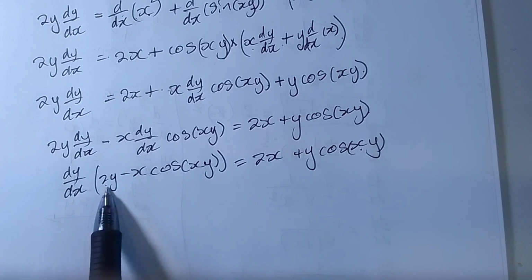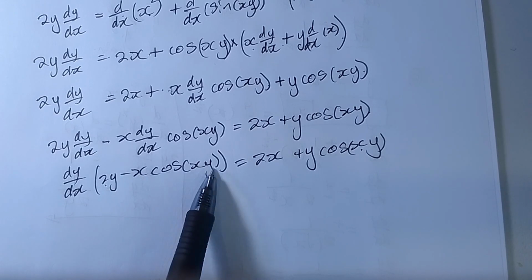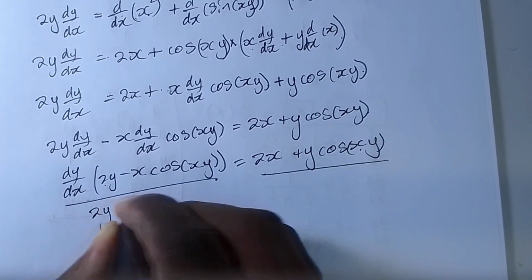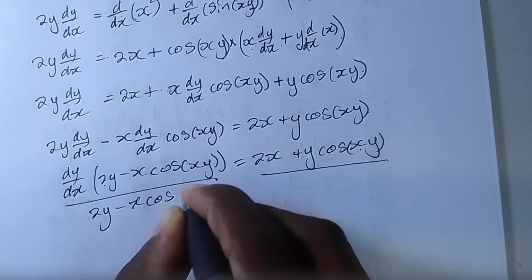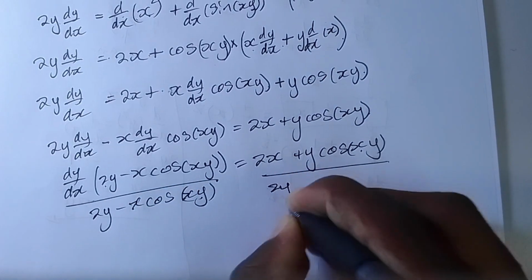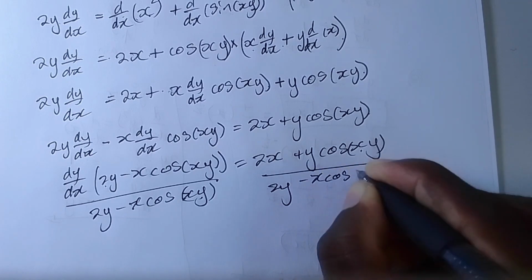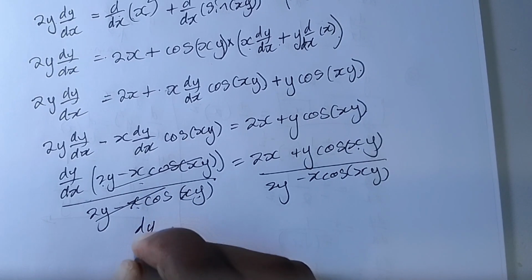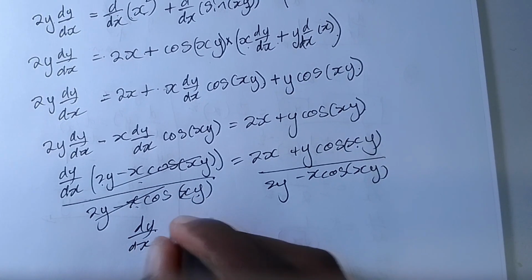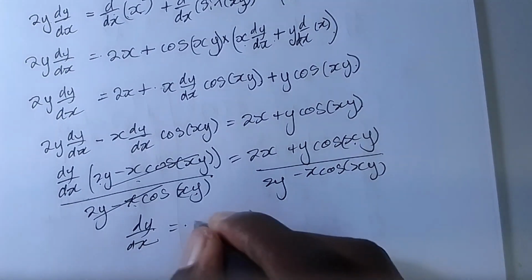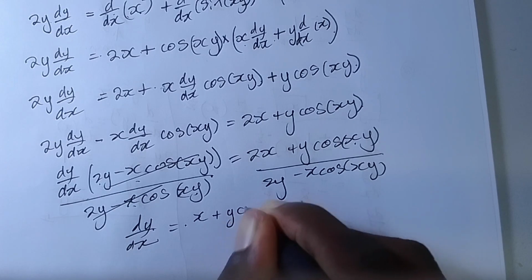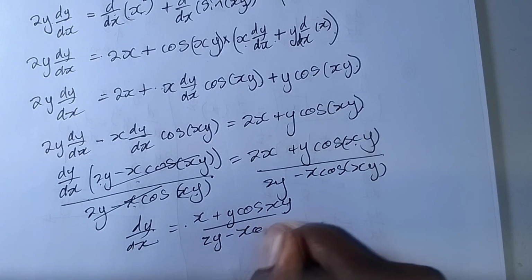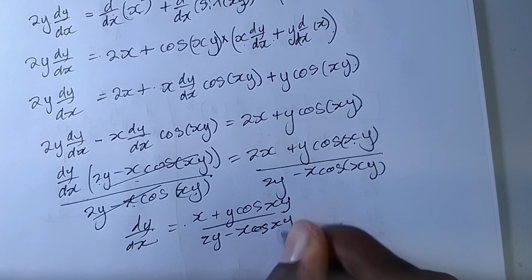Now we divide by 2y minus x cos xy. These cancel out and you have the derivative of y with respect to x as 2x plus y cos xy divided by 2y minus x cos xy.